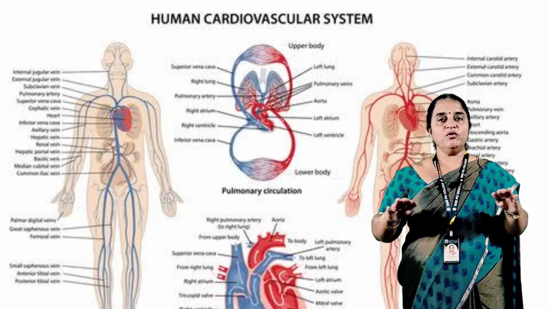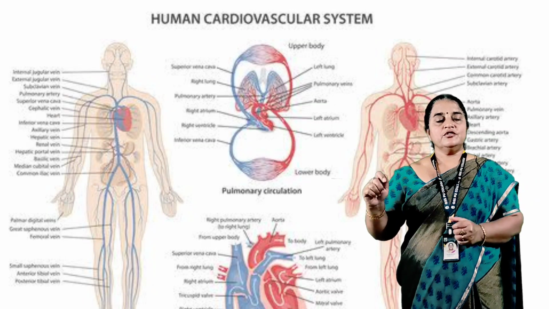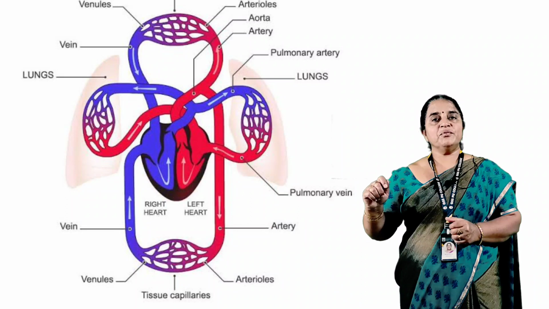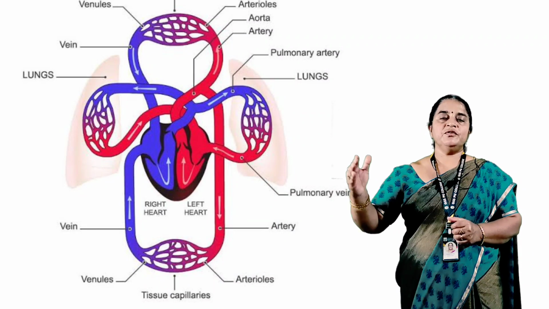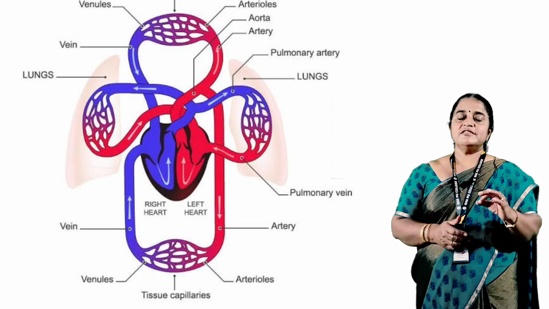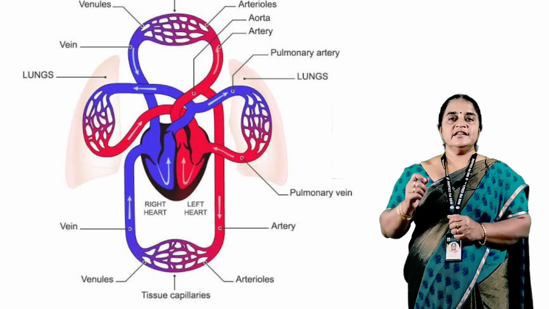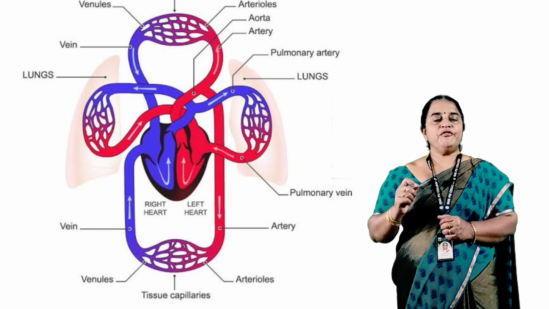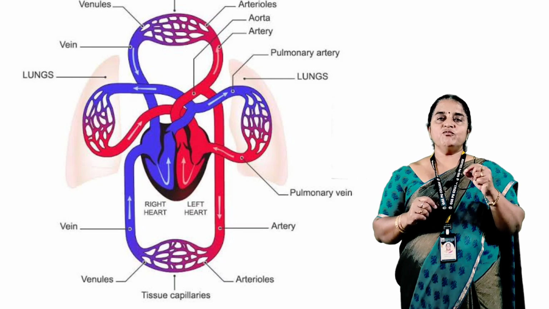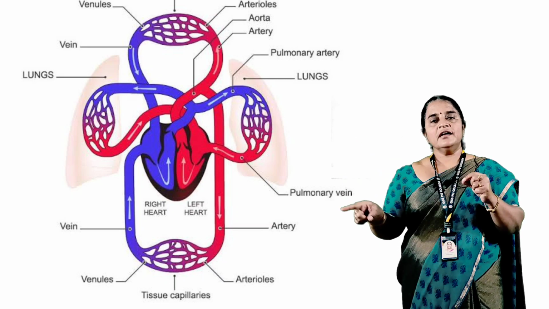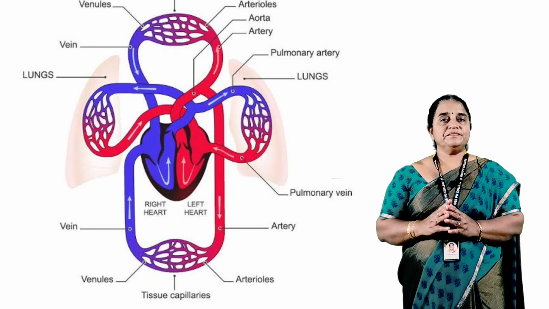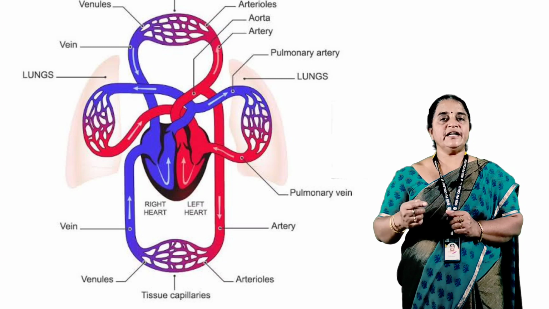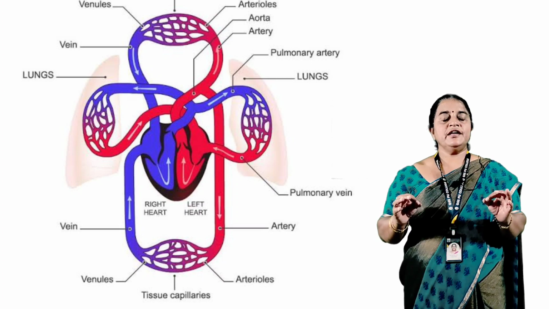Under pressure it flows into the blood vessels so that the required components diffuse into the tissue and waste components diffuse into the blood. As the word circulation indicates, it is a unidirectional flow, beginning from one point and again coming to the same point. And without any stop, this circulation is maintained in our body.